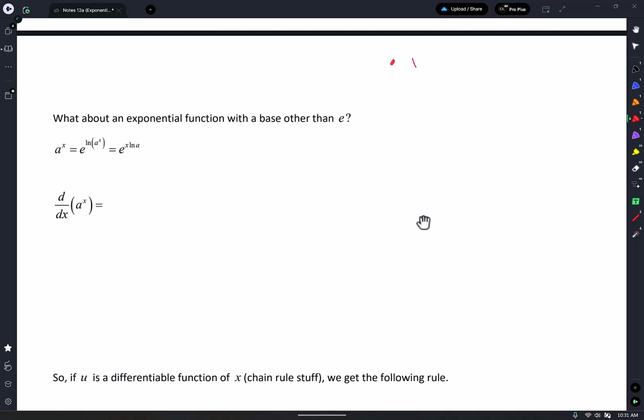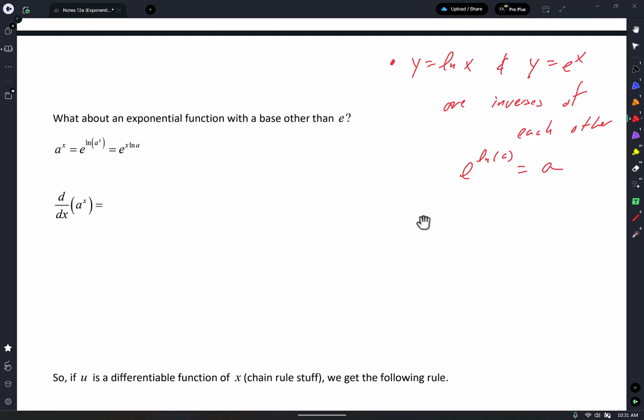We know that y equals ln x and y equals e to the x are inverses of each other. What does that mean? That means that if I do something like e to the ln of a, you just get a.